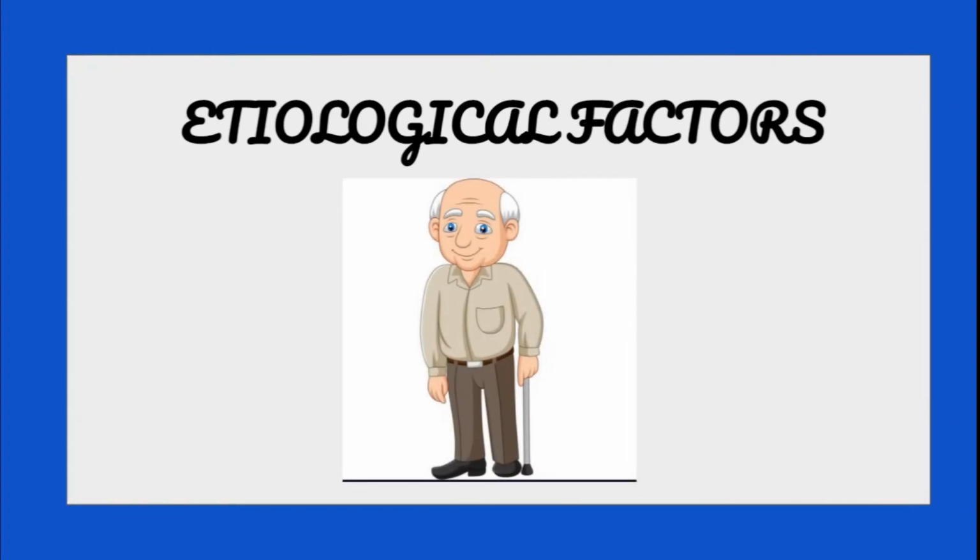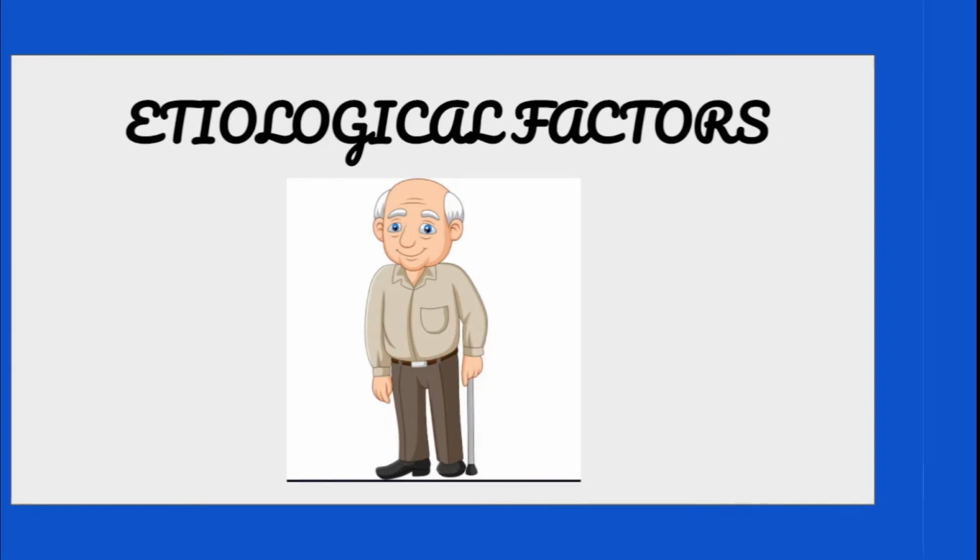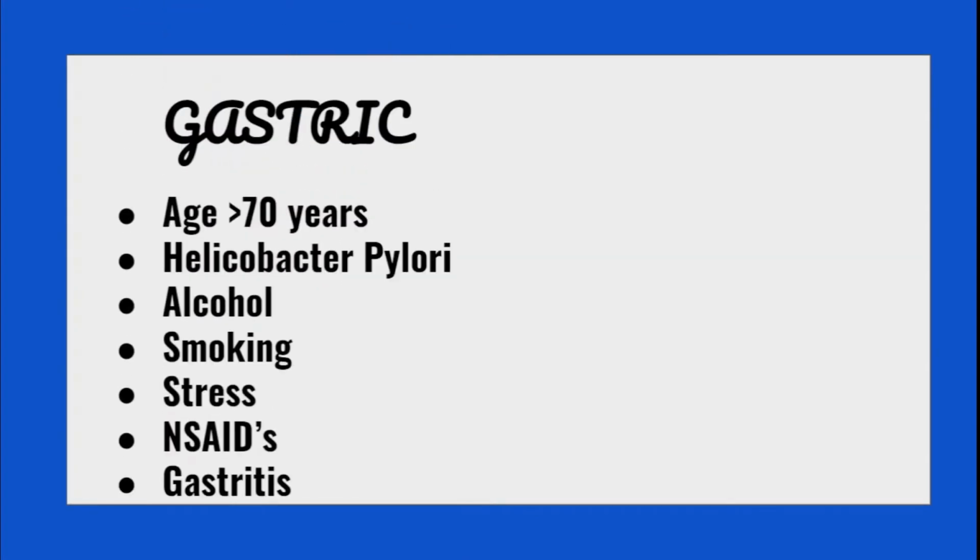Now we go to the etiological factors. From the image you can make out that old age people are at a higher risk of getting peptic ulcer. I have classified the factors into gastric and duodenal ulcer. First, the gastric ulcer etiological factors. First is age, that is old age, more than 70 years. Then Helicobacter pylori, alcohol, smoking, stress, NSAIDs and gastritis.